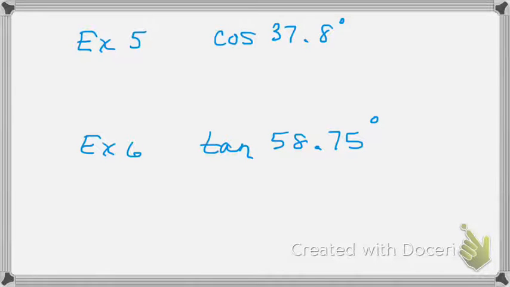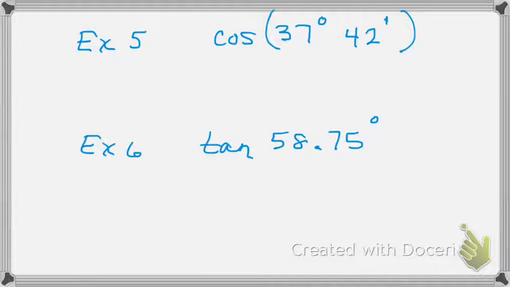And you know what? I'm going to change this a little bit just to practice what we learned. Instead of 37.8, let's make that 37 degrees and 42 minutes. We'll make the cosine of that. And for example 6, we'll just leave that as is.